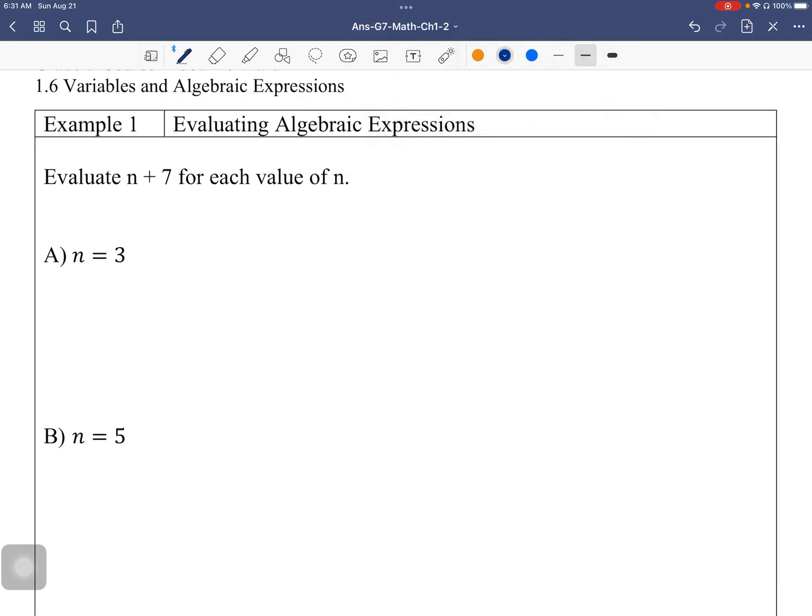When n is 3, we get 3 plus 7, which is 10. When n is 5, we do 5 plus 7, which is 12.